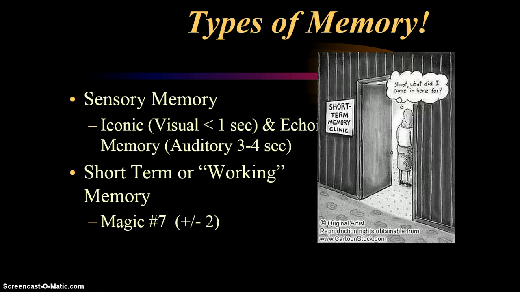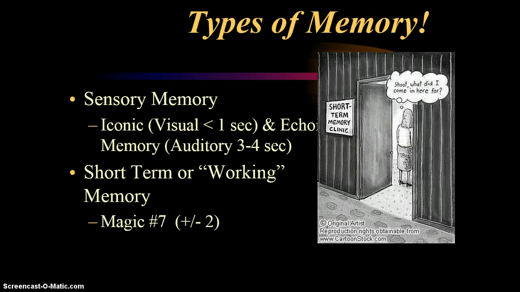Now, we say 7 items plus or minus 2. So for some people, it could be as little as 5 items, for others, as long as 9 items. That's the general average for most people.